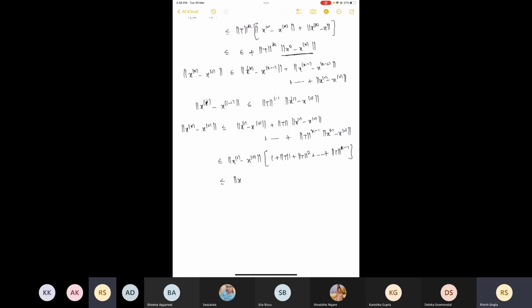So it is less than or equal to norm x1 minus x naught times the summation, I running from say 1 to infinity. If I want to make it 0 to infinity, can I write this from here? It was a finite sum, so it will always be less than or equal to an infinite sum, isn't it?